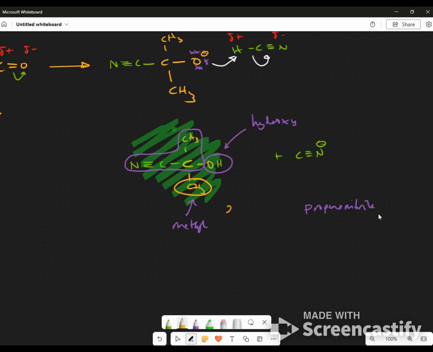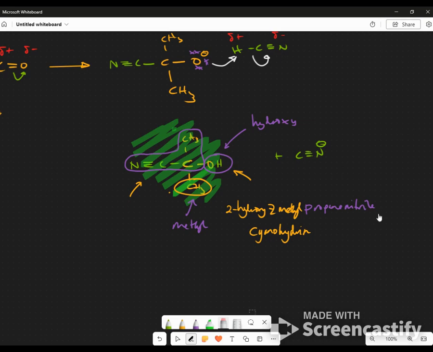So this is called 2-hydroxy-2-methyl propane nitrile. And again, it is a cyanohydrin. The cyano bit is that, and the hydrogen, it's not that bit, it refers to that bit. Okay, so there you go, cyanohydrin. So that's nucleophilic addition to carbonyl compounds.